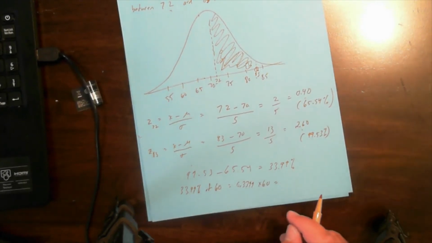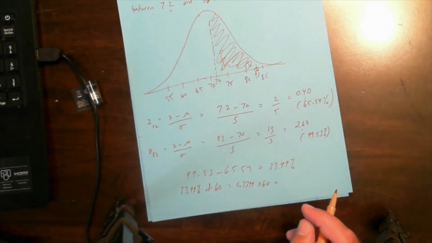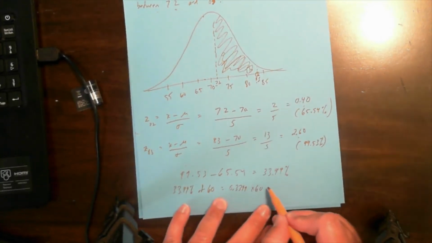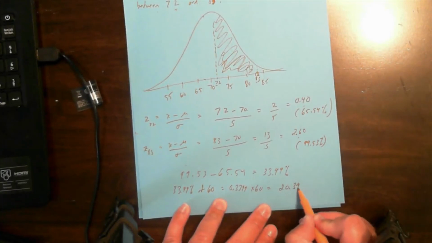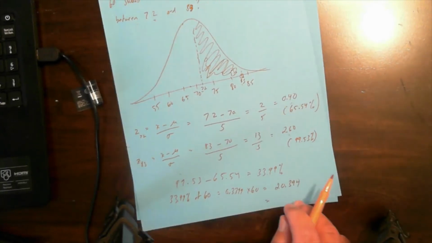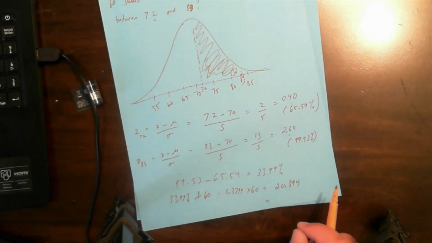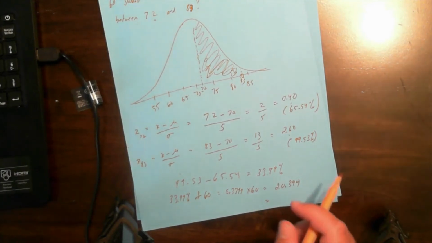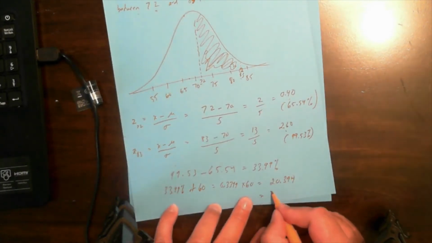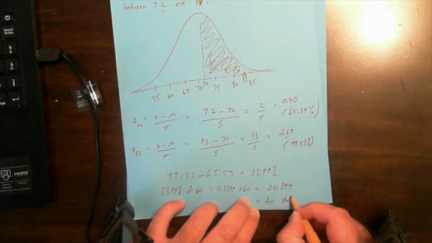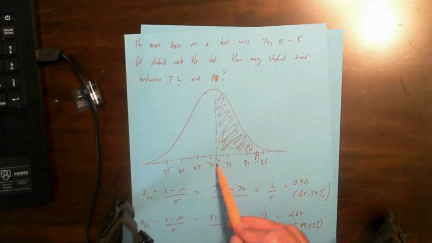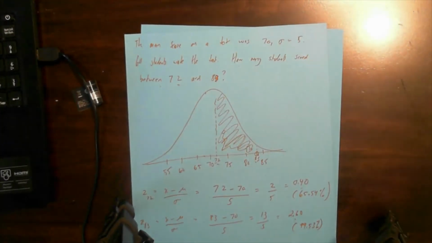That gives us 20.394. Of course, I can't have 0.394 of a student, so I'm going to round this to the nearest whole student. So this tells me that 20 students scored between 72 and 83.